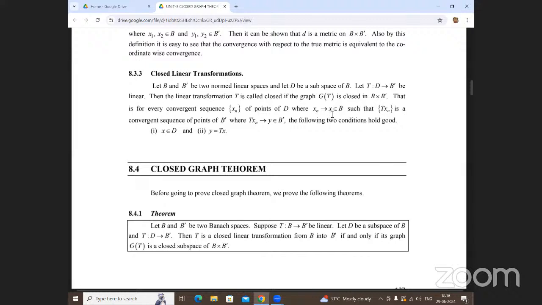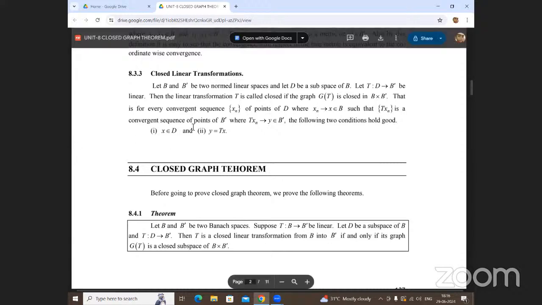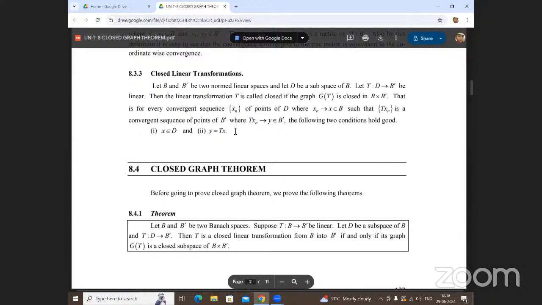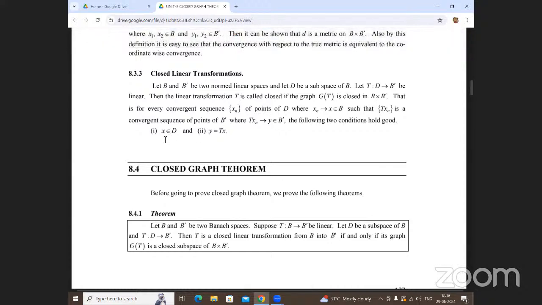Then the transformation of the sequence, Txn, is a convergent sequence of points in B dash, with convergence point y belonging to B dash. When these two conditions hold good, one is that D is a subspace of capital B, and second is that y equals Tx.